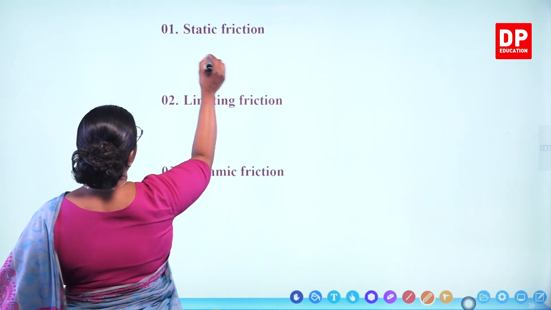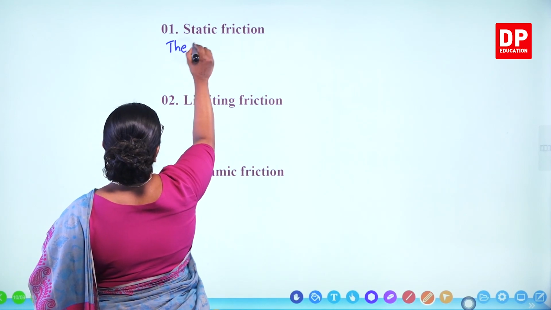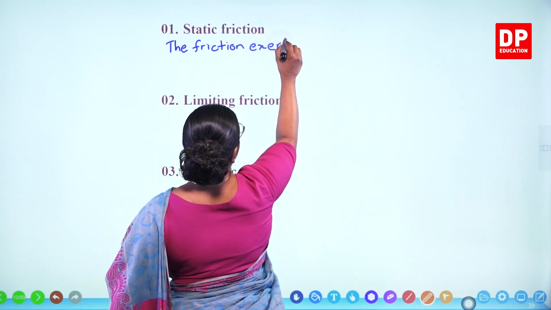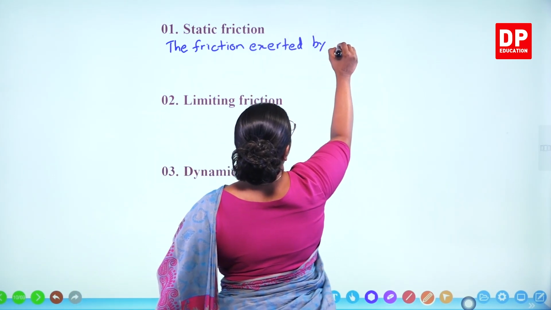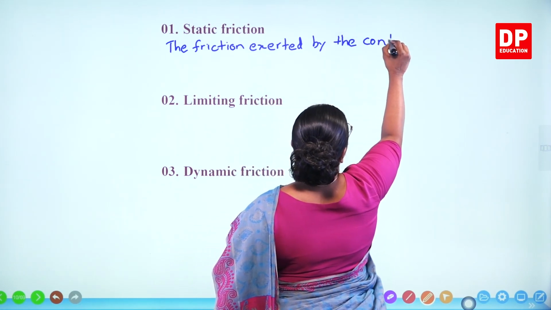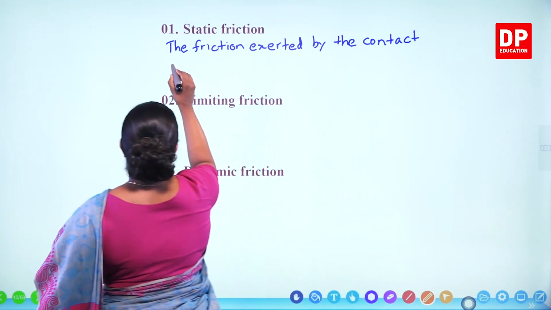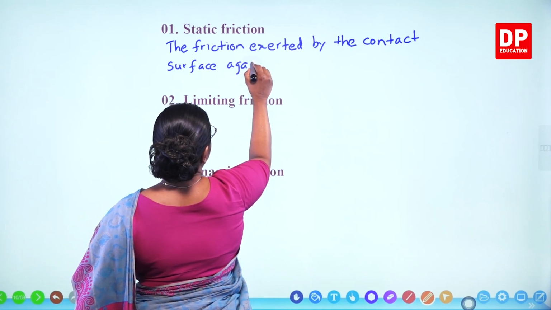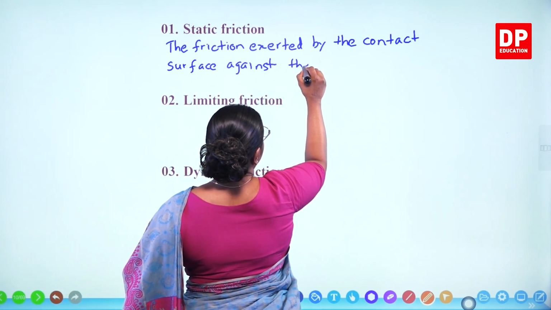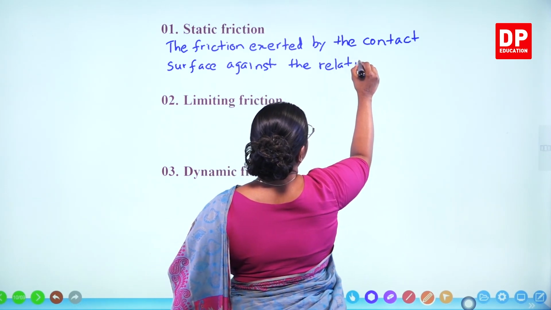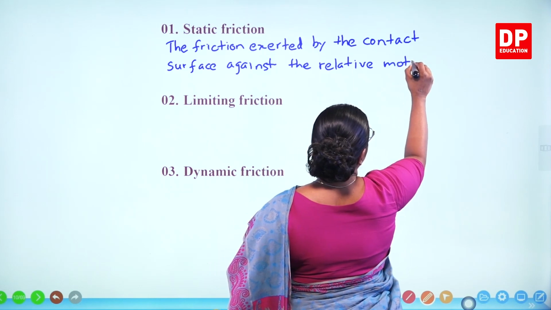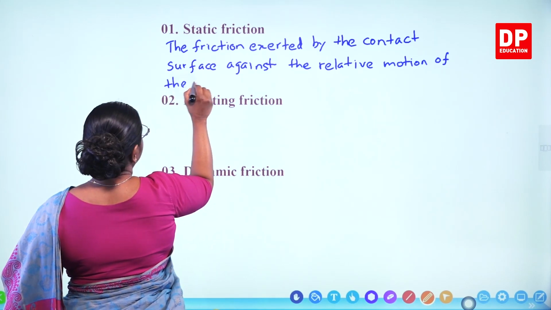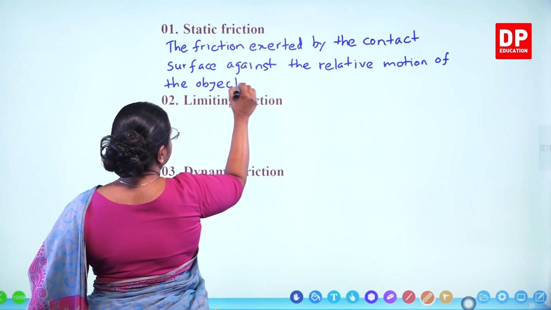So here I can write it as the friction exerted by the contact surface against the relative motion of the object.